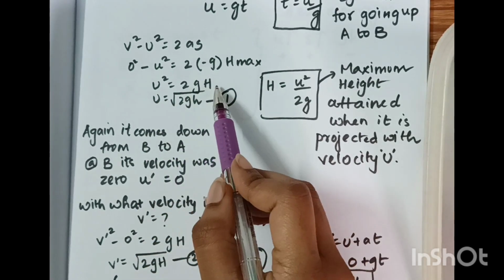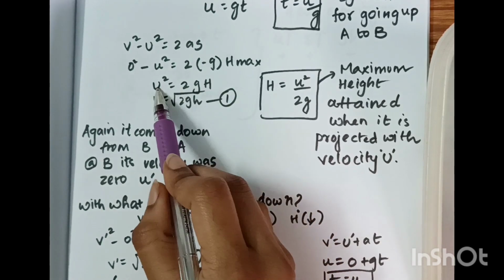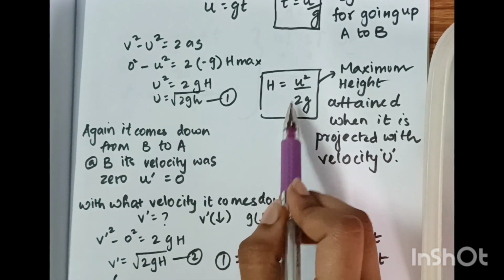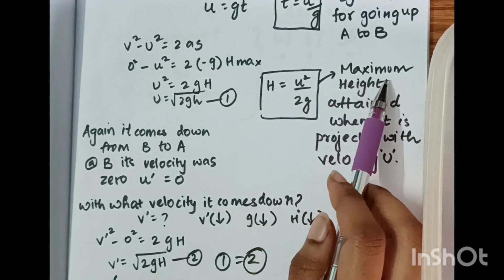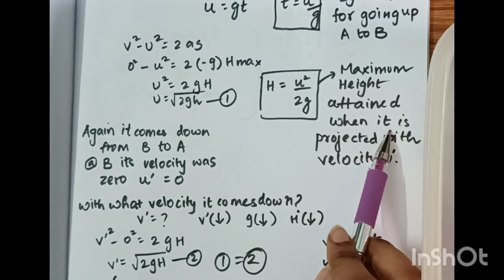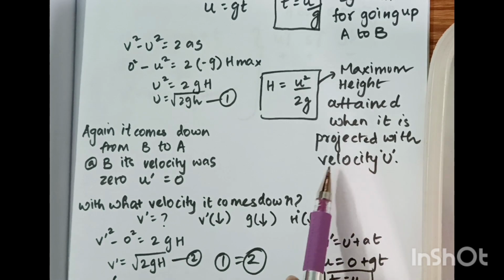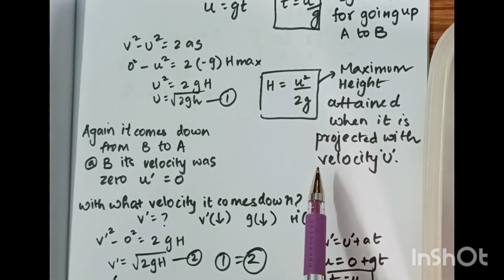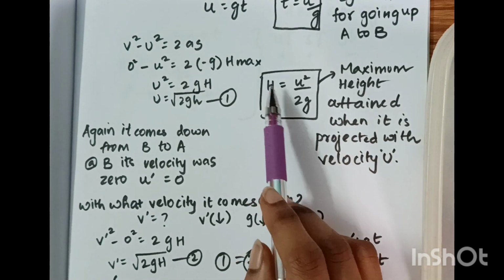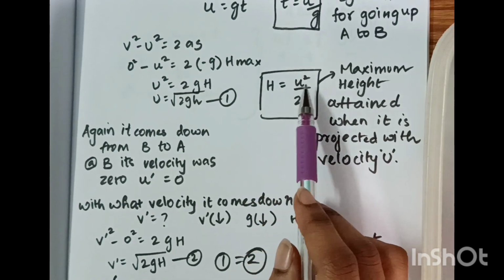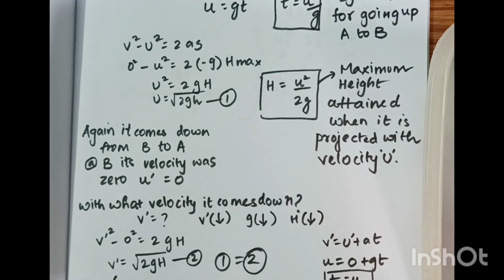From the same equation you can write H equals U square by 2G. What is this H? It is the maximum height attained when it is projected with velocity U. So when we project the body with velocity U upwards, it will reach a maximum height H equal to U square by 2G.